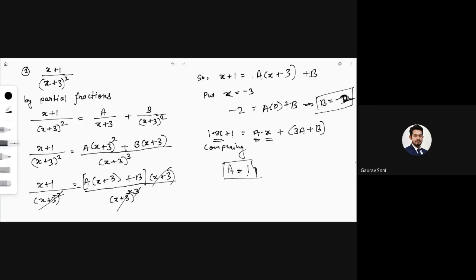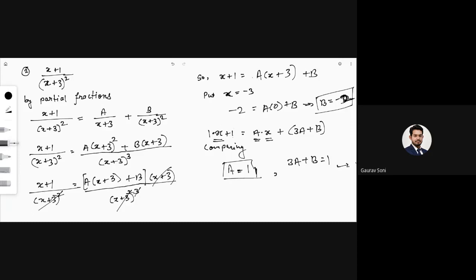So a is equal to 1, I have got directly. If you compare the constants, 3a plus b is equal to 1. Now as someone said, put b is equal to -2. And from the second equation too, you will get a is equal to 1. Please check it.